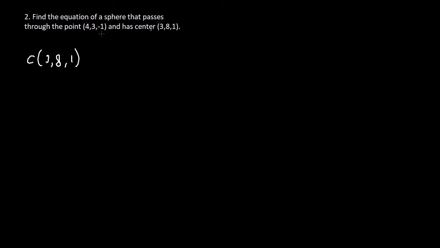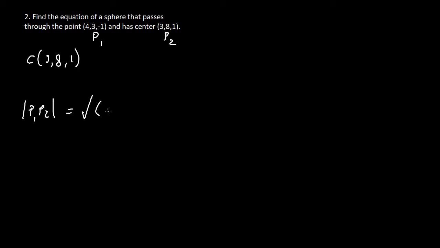Let's call the first point, point 1, and let's make the center point 2. In order to find the distance between point 1 and point 2, we're going to use the distance formula. That is going to equal the square root of x2 minus x1. Our x value of the second point is 3, and the x value of the first one is 4.